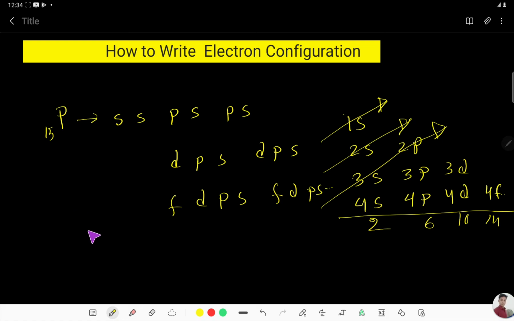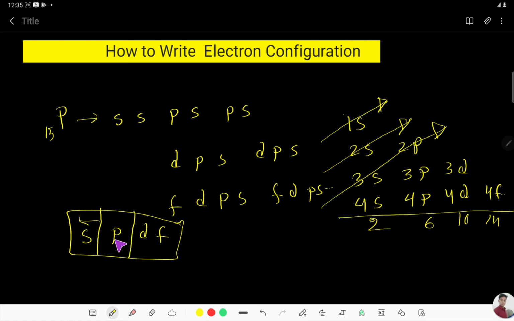Here is the easy way to memorize this orbital sequence: s, p, d, f, right? At first you have to take s, and write s twice, ss. Then consider p twice, pp.